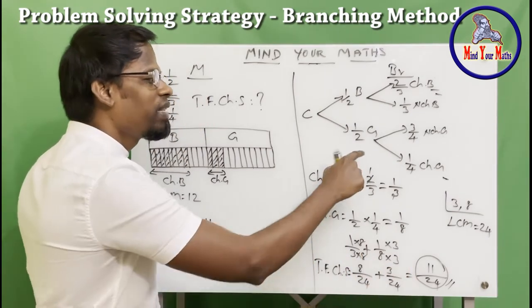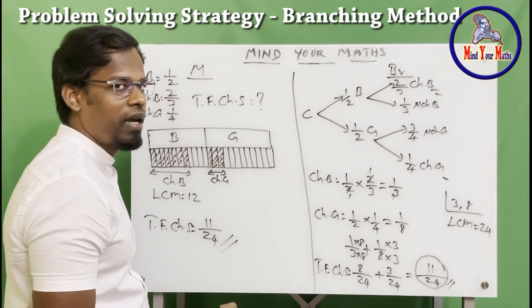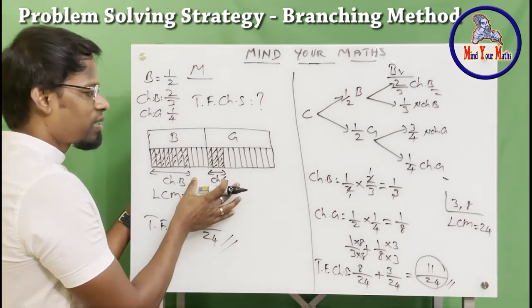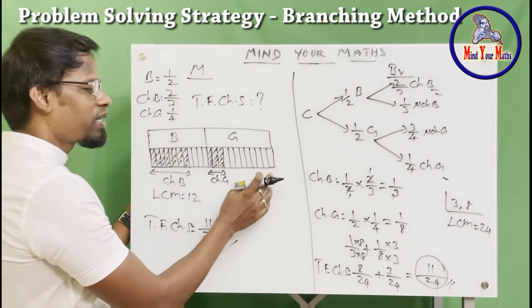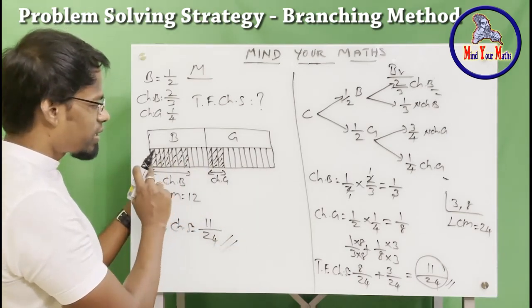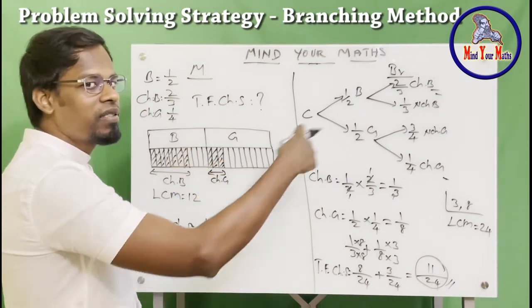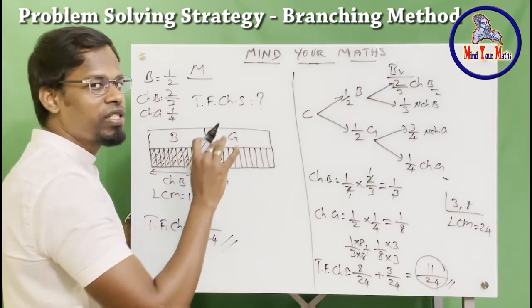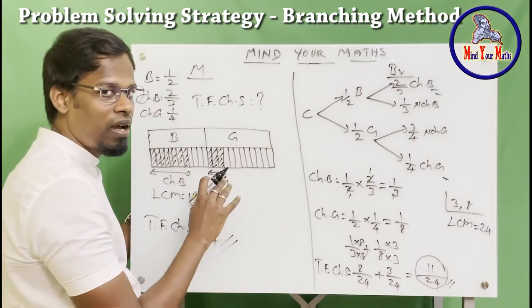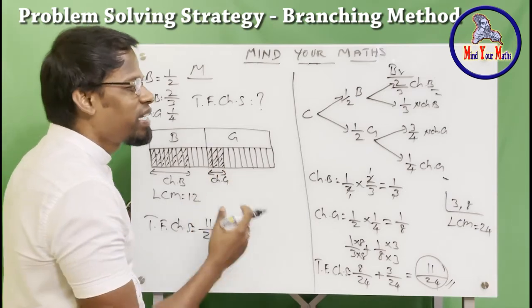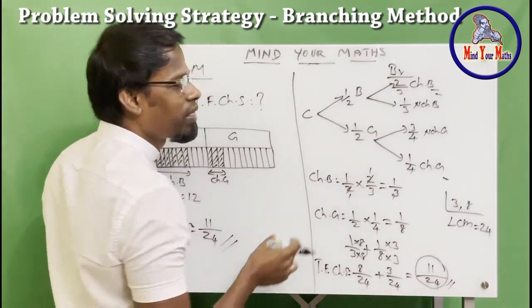So now why is the branching method better? I'll tell you. In this case, we had to only split up to 24. For 24 itself, it is very difficult to draw. What more if you have hundreds of units that you need to split? Will you be able to draw? No, right? So that is where the branching method will help you.